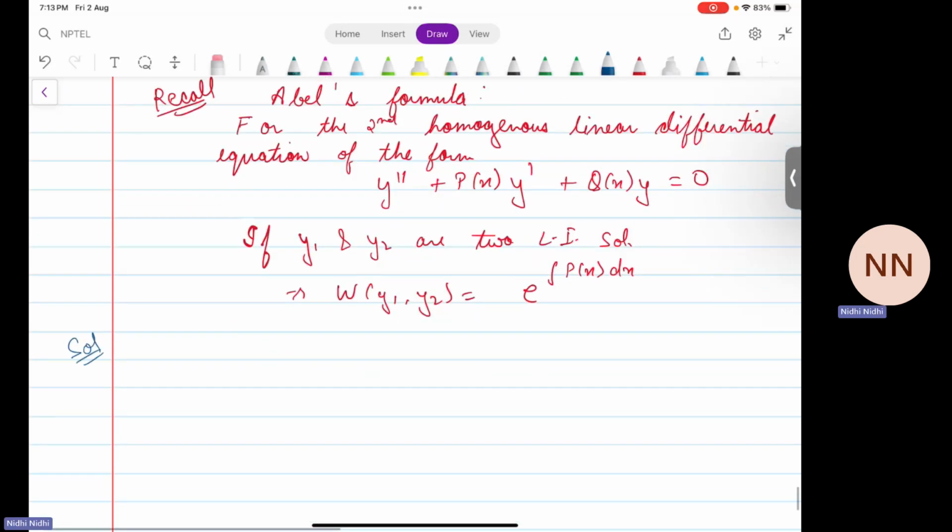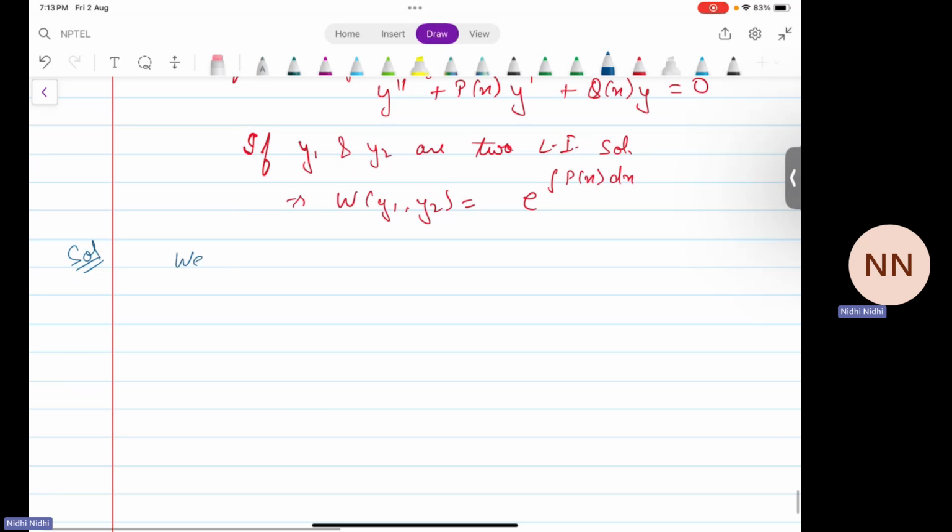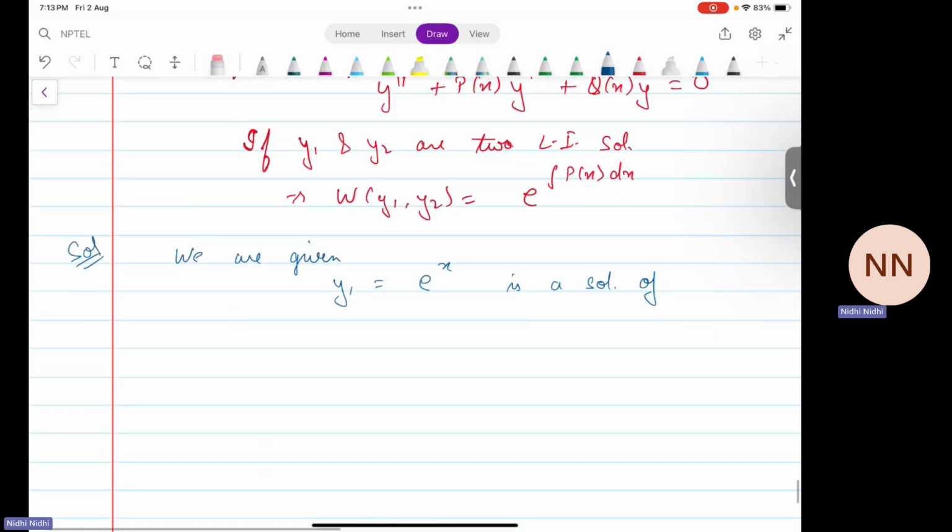We are given that y1 is equal to some constant times e to the power x, which is a solution of equation 1.